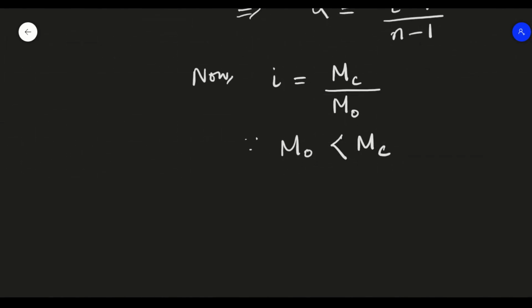So here the value of i will be greater than 1, since the observed molecular mass will be less than the calculated molecular mass.